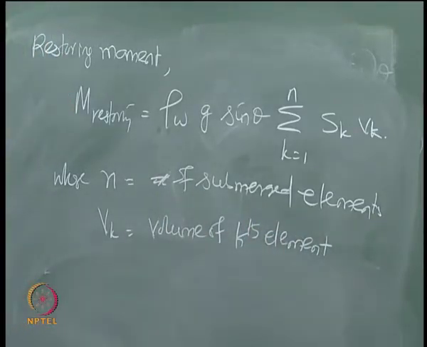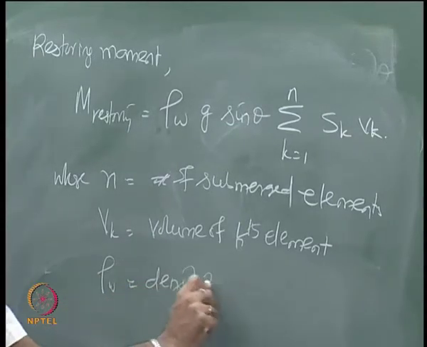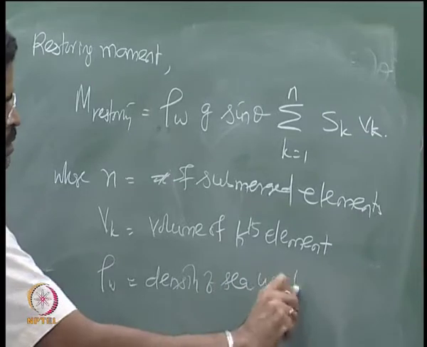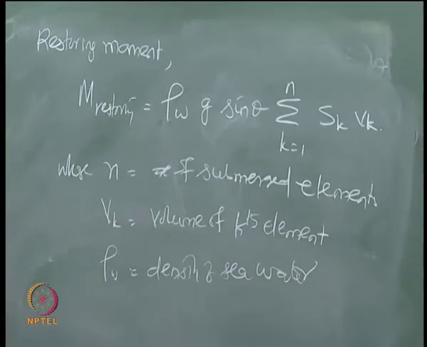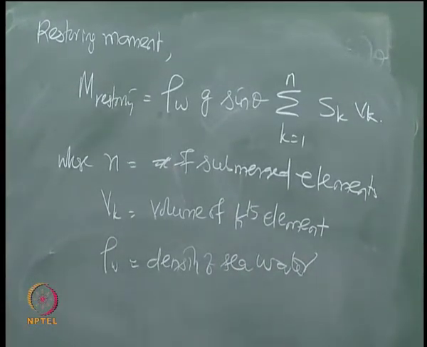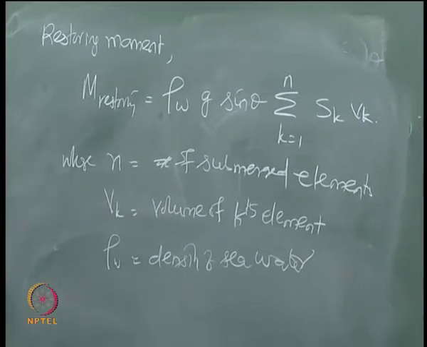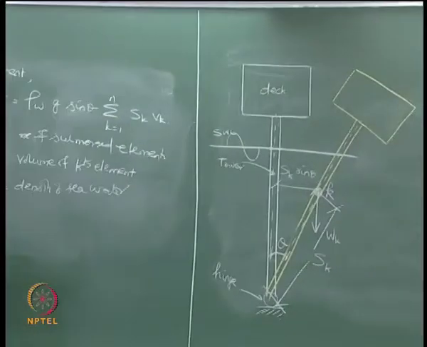Of course, rho w is the density of sea water, and theta of course the degree of freedom, the angle of rotation at the base of the tower.